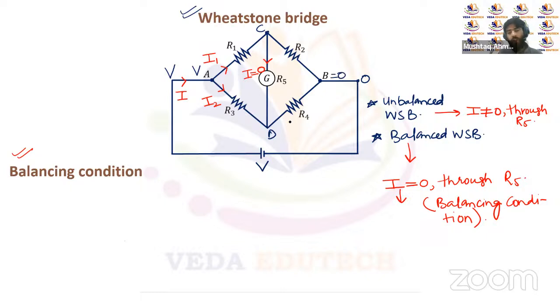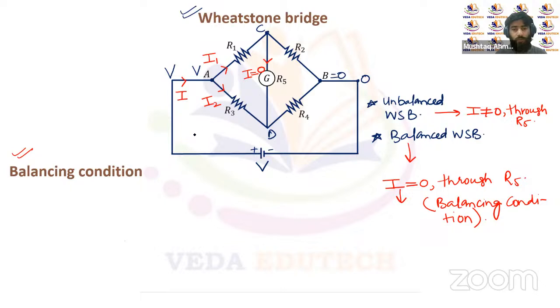We have just taken, by reference, that the potential at the negative terminal of this battery is 0, and the whole potential difference is then across to the positive terminal of this battery. That's the reason the potential at A will be equal to V, right?